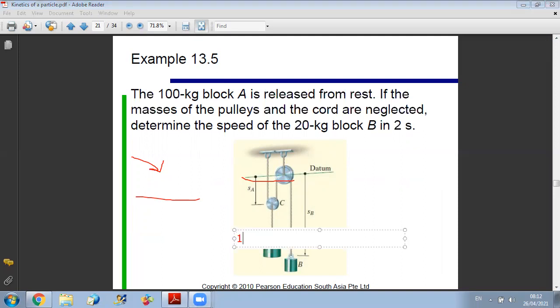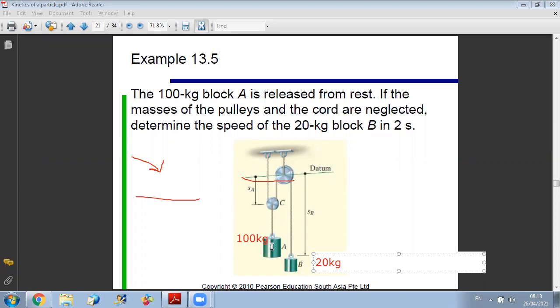You have here 100 kilogram, and here you have just 20. Okay, so it's right that here you have 2 T1, but T1 will not be as large, since here the weight is 20 kilogram. So to have just the equilibrium condition, you should have a weight at A of 40 kilogram.